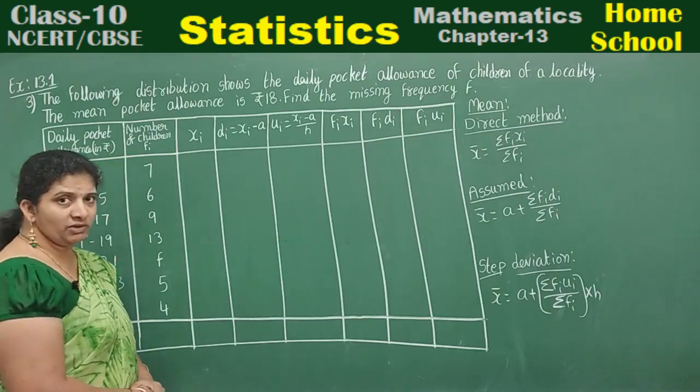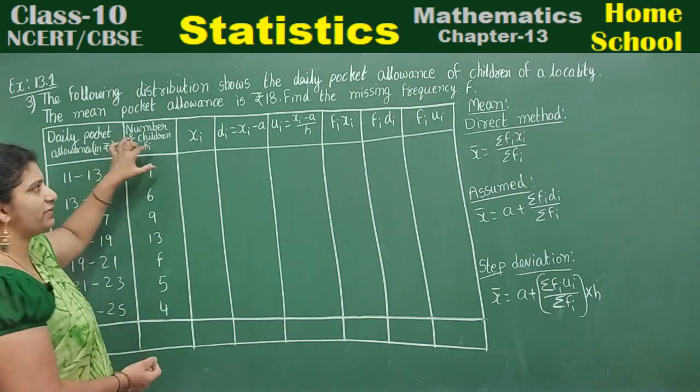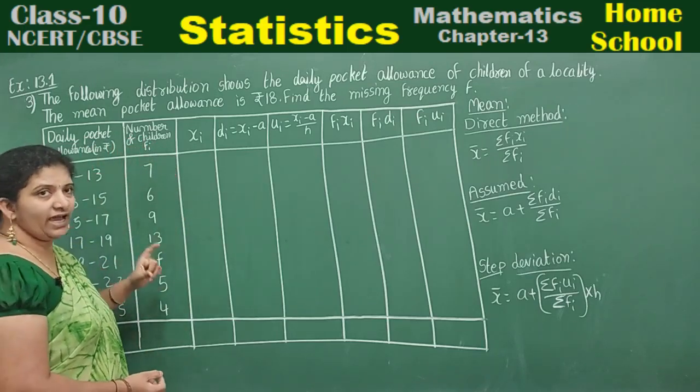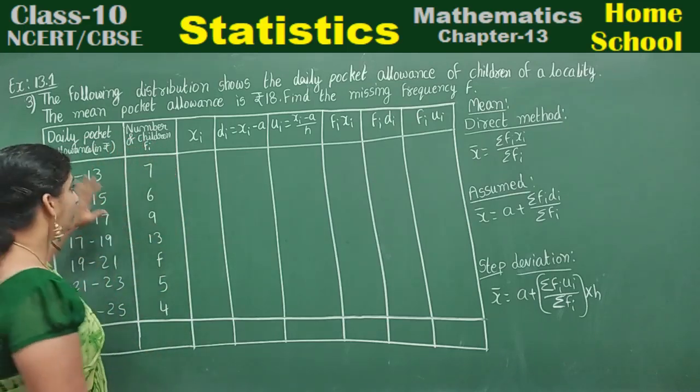Let's start our problem. In your textbook, class interval and frequency in 2 rows will be there. So directly I have started my solution here.